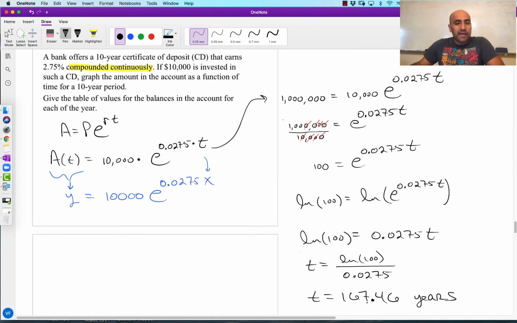So we add today's date plus 167, and we'll be able to reach our approximation. Now remember the 0.46, this is in years, so we can multiply the 0.46 times 12 to figure out what month it is, and it's going to be approximately the 6th month.